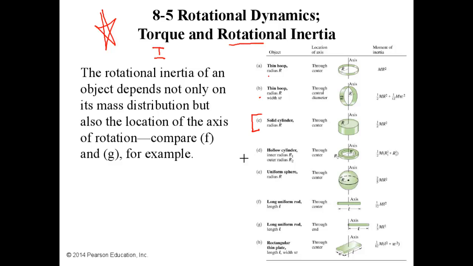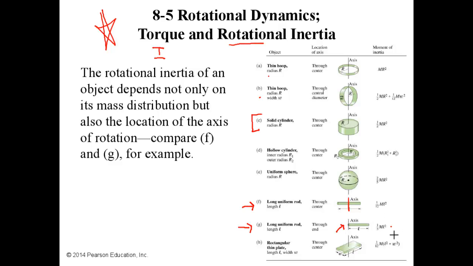One thing to keep in mind is it's going to depend on the axis of rotation. Looking at this long uniform rod, if it's being spun about the center of it, then you kind of know intuitively that it's going to be easier to spin than if you spin it around through the end.